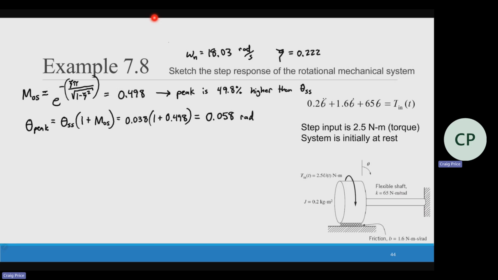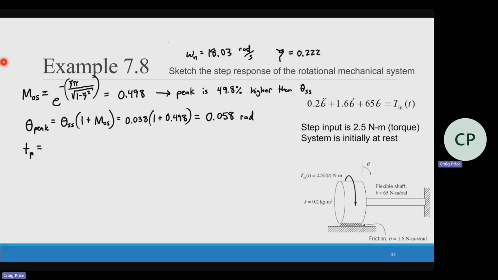Okay, so the next thing, if I go down the list, is TP, which is the peak time. So where does this peak happen?